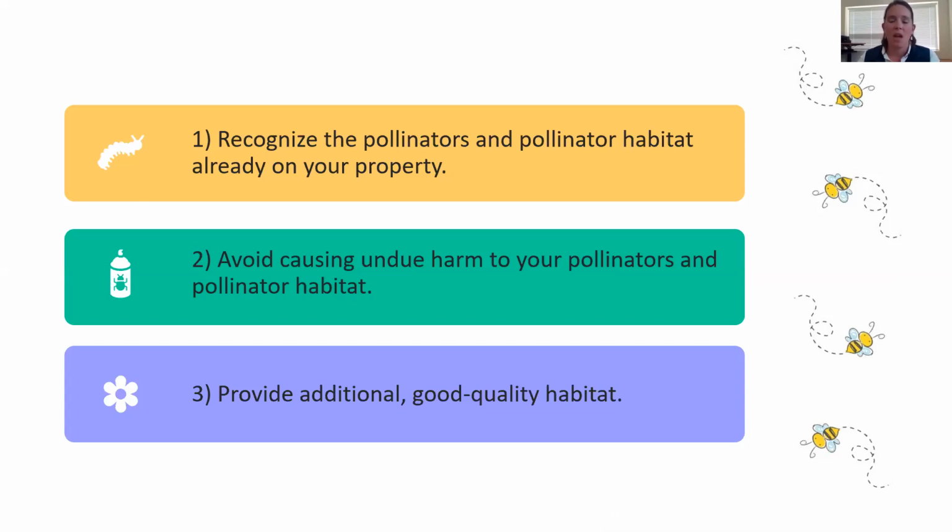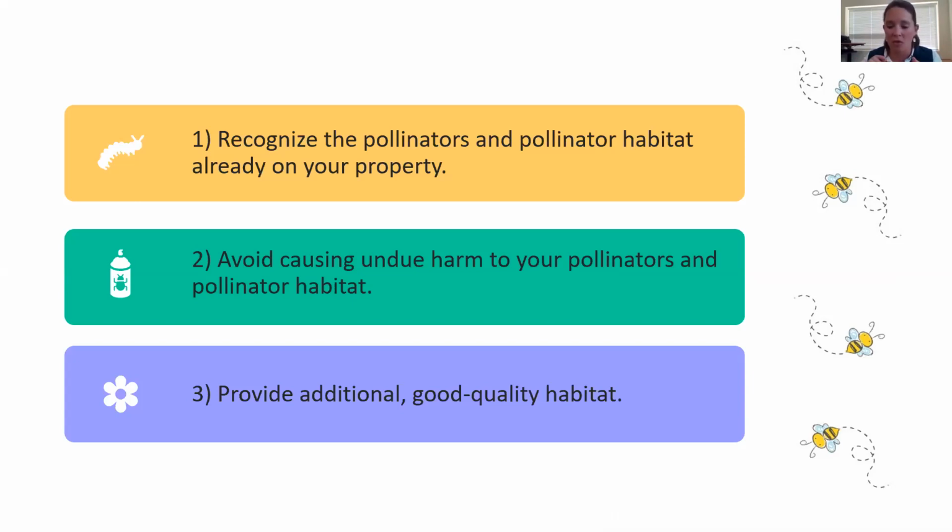And then take note of all of the habitat that you have on your property. Do you have flowers in hanging pots? Do you have blooming shrubs that border your house? Do you have a section of lawn that you could let grow or use a lawn alternative for? These are some of those options that you could think about for pollinator habitat.